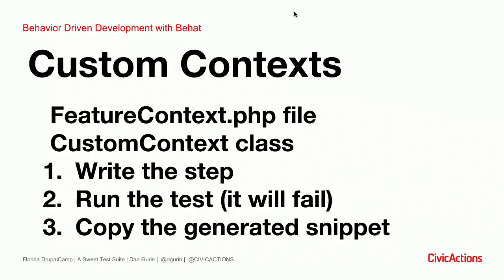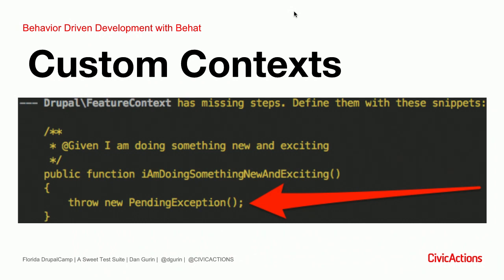This is a pretty nice ability. So how I like to do it is, write the step in the plain Gherkin language first, and then run the test, see it fail, and then it will generate this little snippet here that you can just copy into the feature context file. By default, it'll say throw new PendingException.